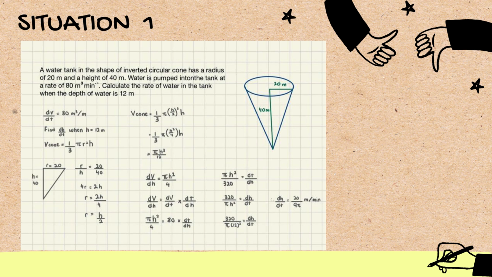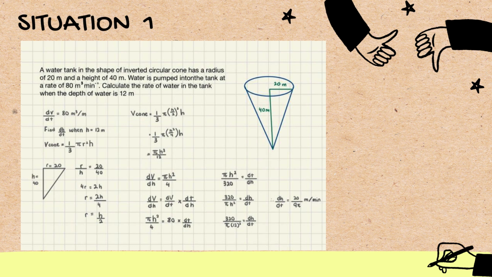Next, we substitute our dV over dt as 80 meter cube. Lastly, we need to make dt over dh the subject, and we will get pi h squared over 320.